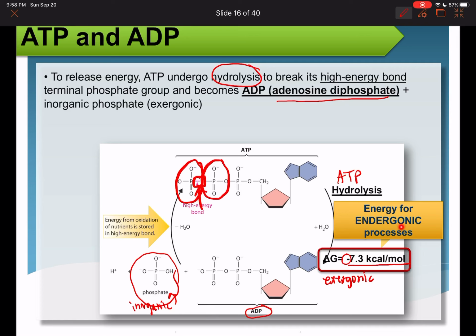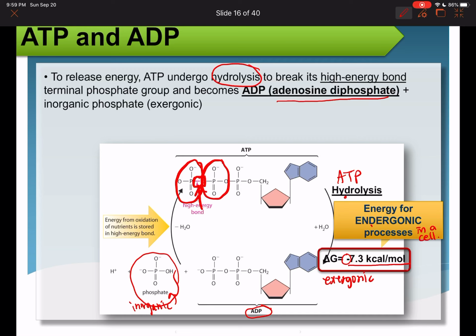Okay, now don't mistake this when you're studying for your exam, thinking ATP hydrolysis is endergonic. Wrong. Okay, what this is saying is that ATP hydrolysis is an exergonic reaction, giving you a negative delta G value, 7.3, and we can use this energy to power other endergonic processes in a cell.